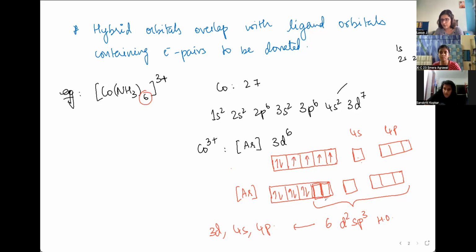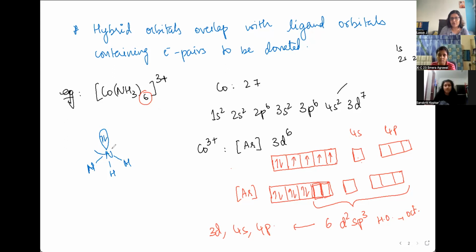Now, because they're all equivalent, the way they arrange themselves is perfectly symmetrical. So the shape will be octahedral. And now it is ready to overlap with ammonia, the ligand. Ammonia, if you remember, has a tetrahedral shape: you have nitrogen and 3 hydrogens, and it has 1 orbital that holds the lone pair of electrons.